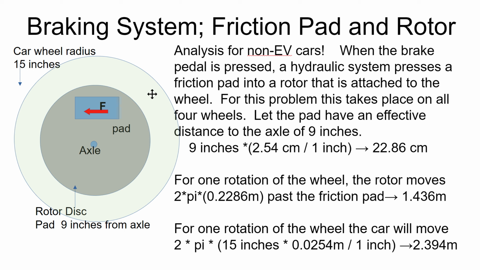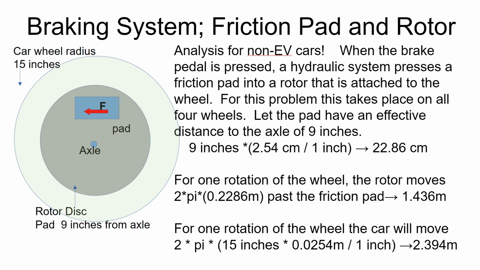So let's suppose that we have this 9-inch distance from the axle to where the rotor is, and we want to think about, as this wheel is turning this way, what distance does the rotor slide past the brake pad?